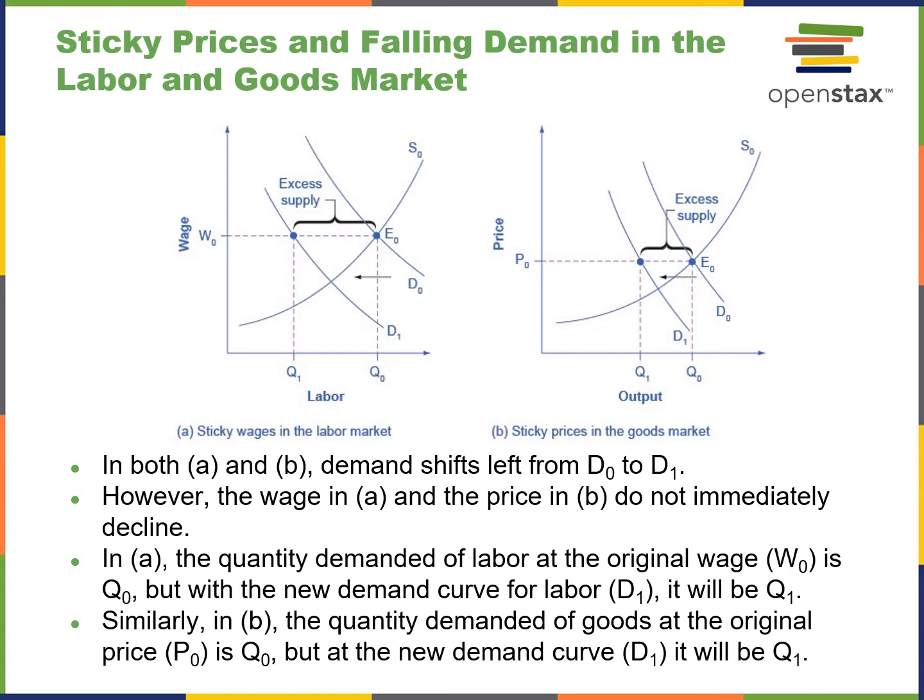So there'll be a shift to the left. And then similarly in B, the same thing would happen with the price: at P0, the original quantity demanded is Q0, but that changes to now Q1 right over here. So it goes from here to there, same thing from here to there.